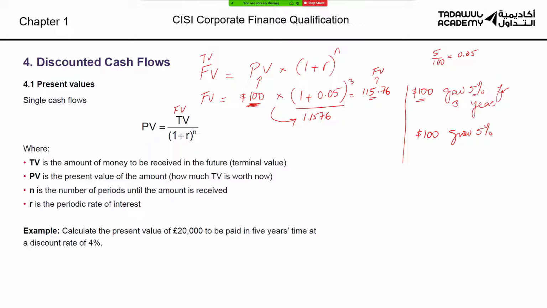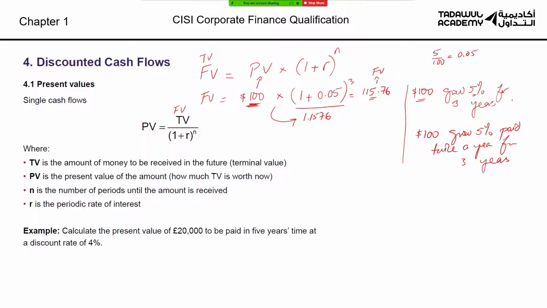It's a convention in finance that interest rates and yields are quoted annually. Grows 5%, paid twice a year, for 3 years.